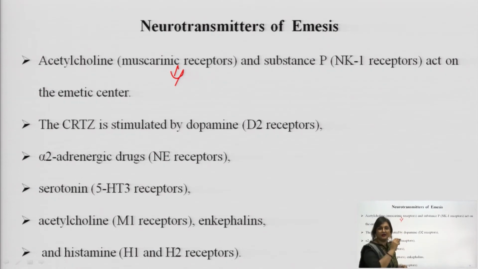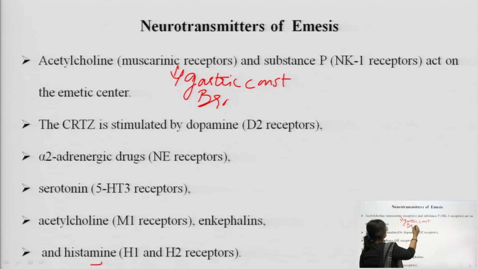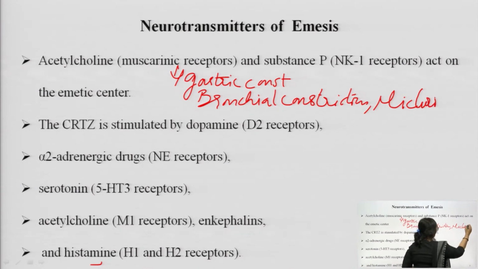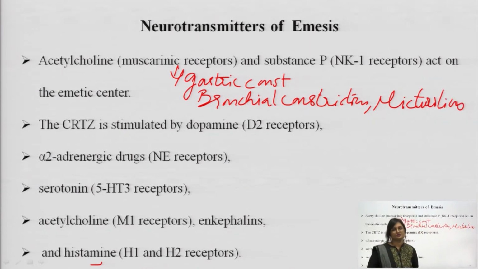Muscarinic receptors are responsible for gastric constriction, bronchial constriction and micturition. So these are the neurotransmitters, for example acetylcholine.